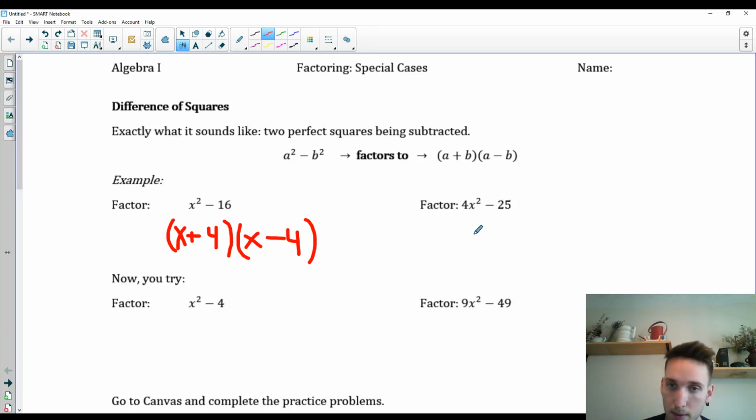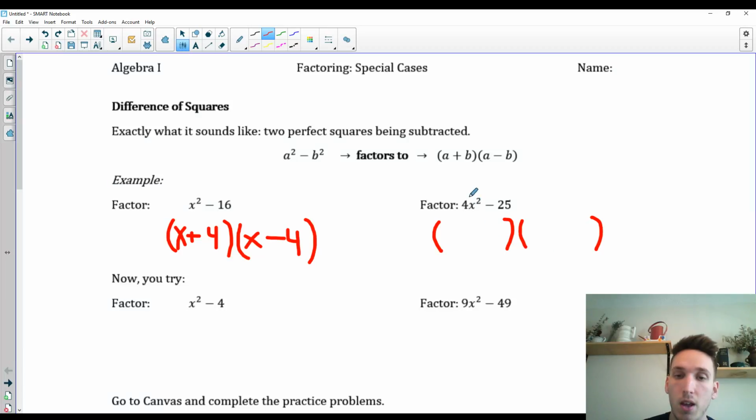Let's look at this next example. Notice how this one's a little different in that our first term has a coefficient with it, right? Again, we're trying to make sure that we've got a perfect square minus a perfect square. And if you notice here, we do. 4 is a perfect square, 2 squared is 4. Obviously, x squared is a perfect square. And 25, that's 5 times 5. So we have a difference of squares here. We know we can factor it into a binomial times a binomial.